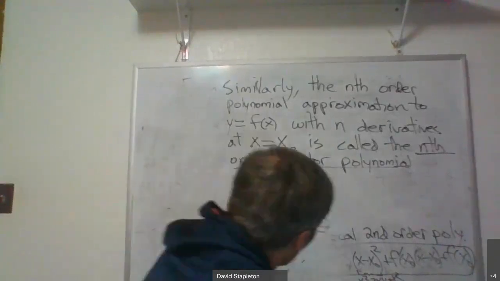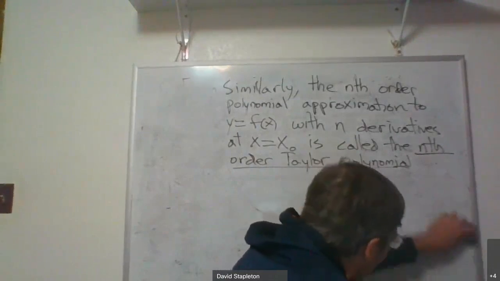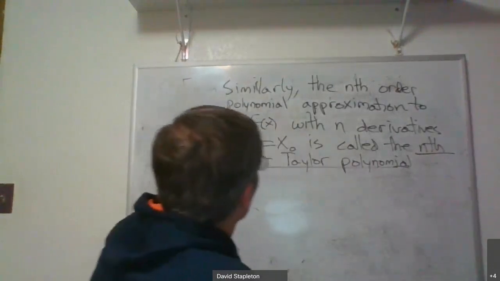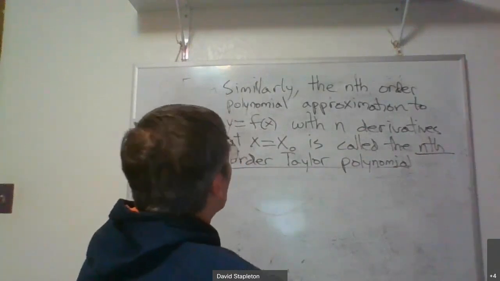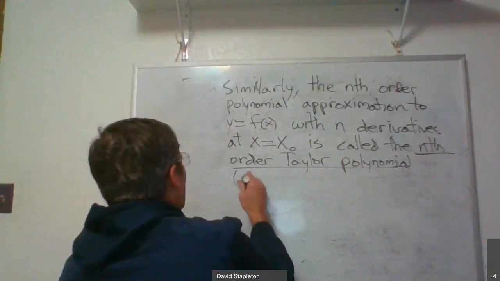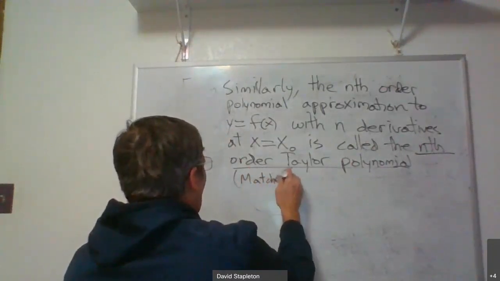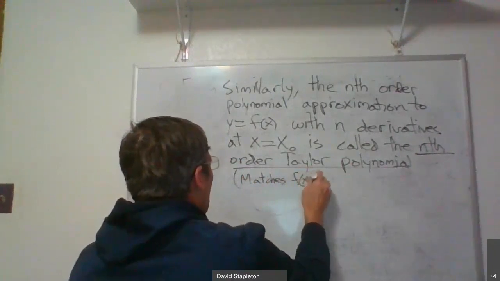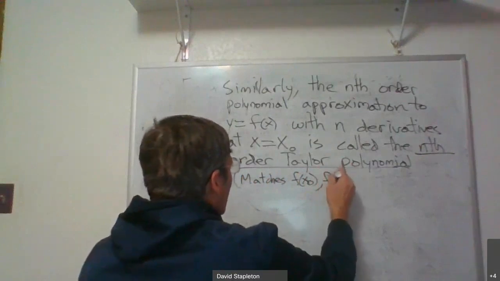And here's what you do to generalize that. All you have to do is take the function and its first n derivatives. So with n derivatives, this matches f at x0. Its value does.